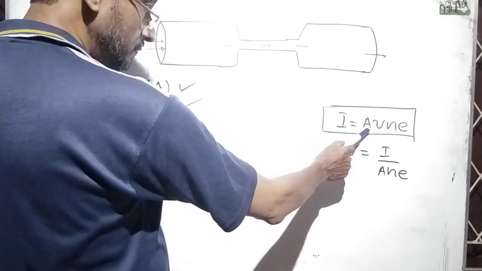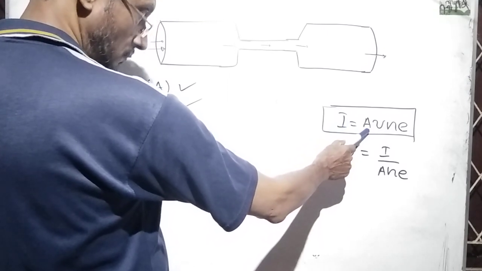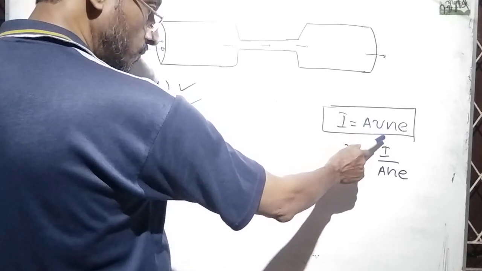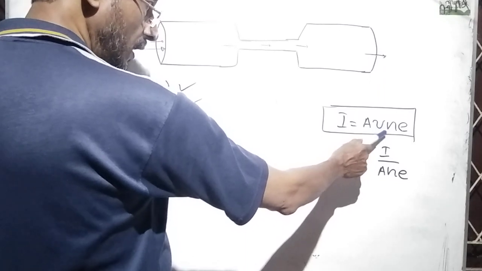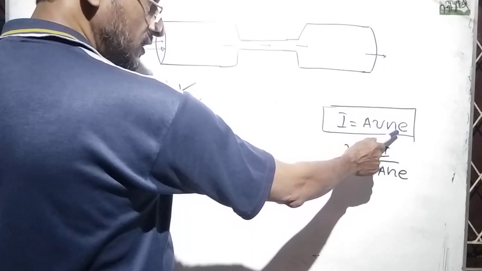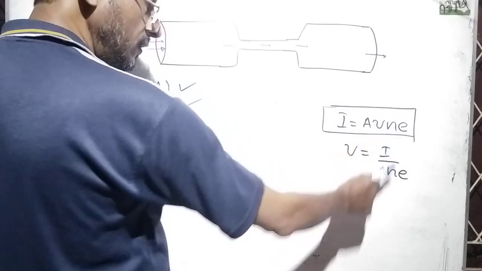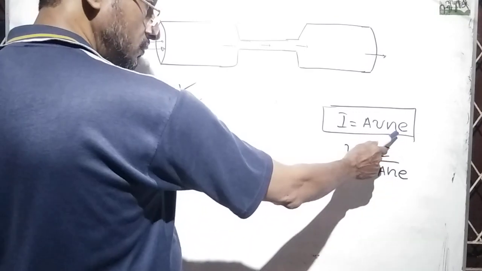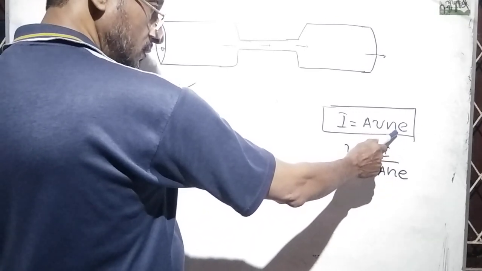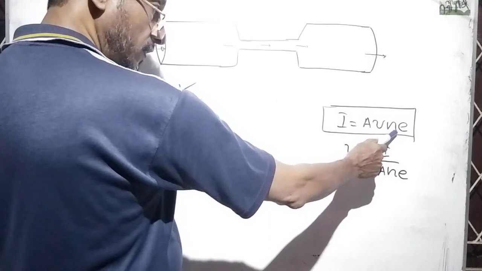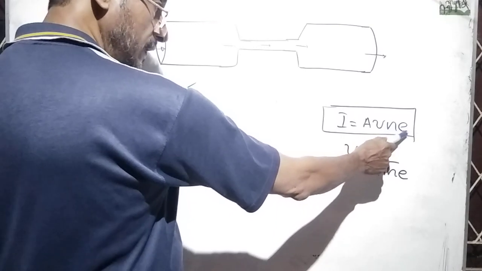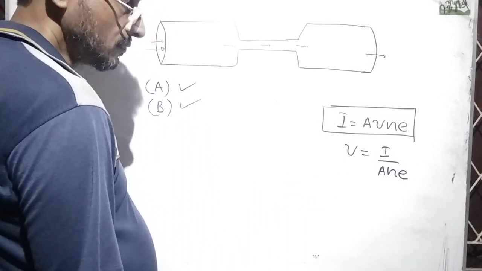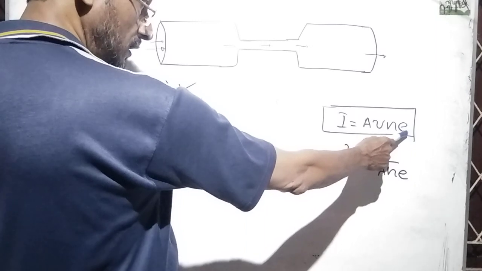A is cross section of the wire, V is drift velocity, N is number of charge carriers per cubic meter, or per unit volume, and E is the charge of a charge carrier.